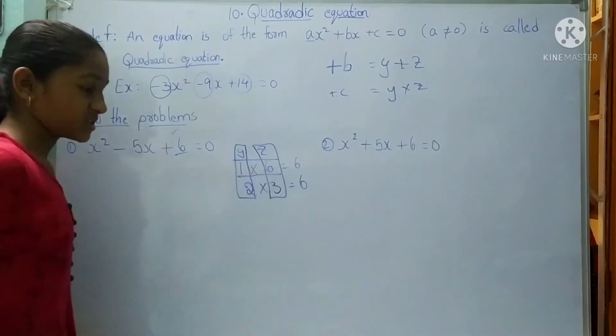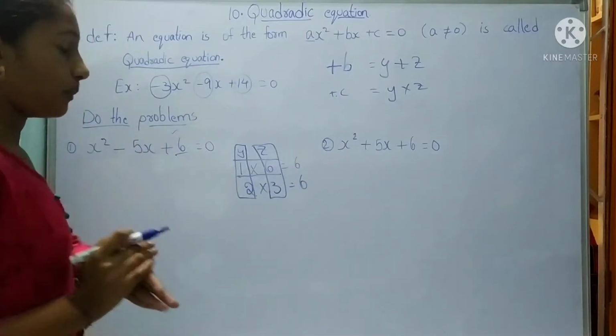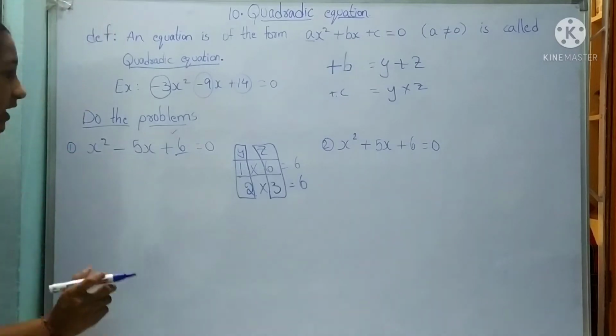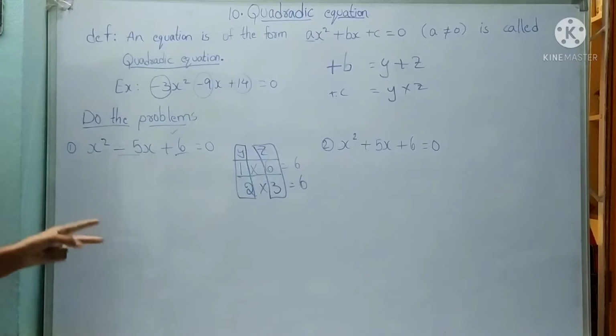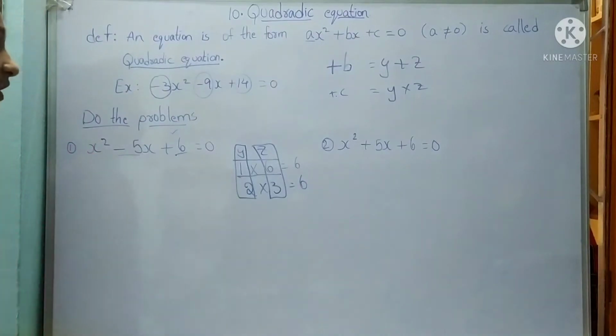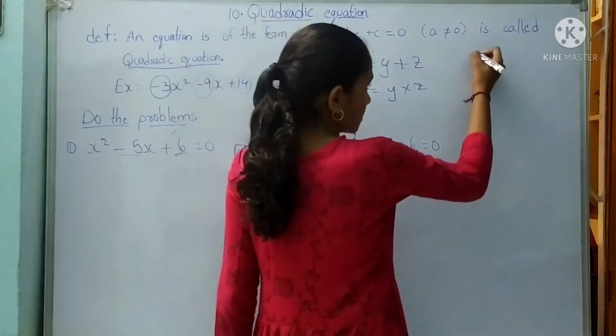Plus 1 into plus 6 is equal to 6, so that's the right one. And here, how does the minus 5 come? This is the tricky one. We already discussed it in the integers topic.